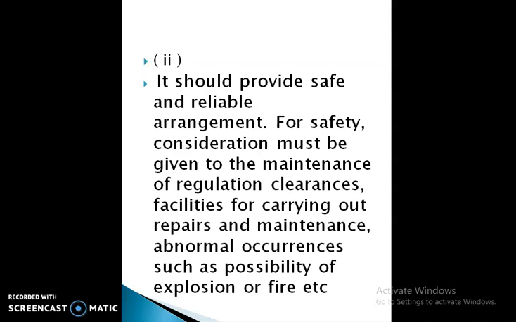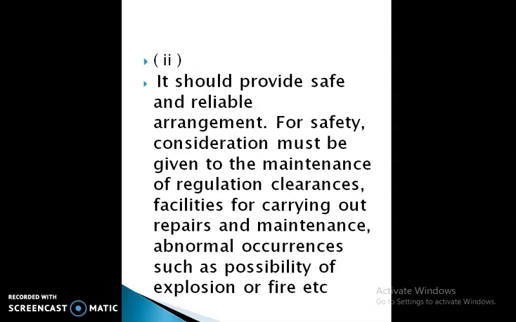While designing or locating a substation, a particular distance or clearance should be maintained from the populated area. There must be facilities for carrying out repairs and maintenance at a proper place.